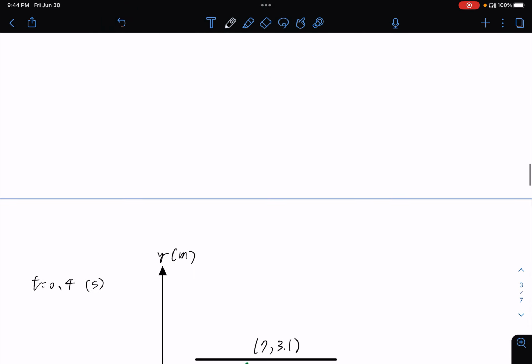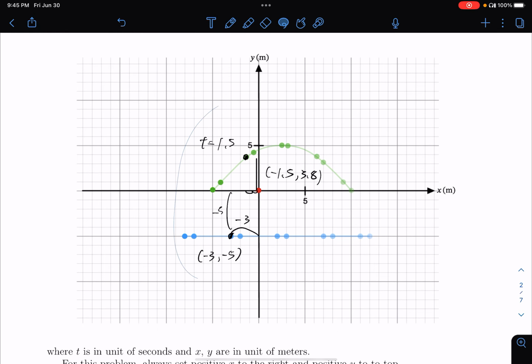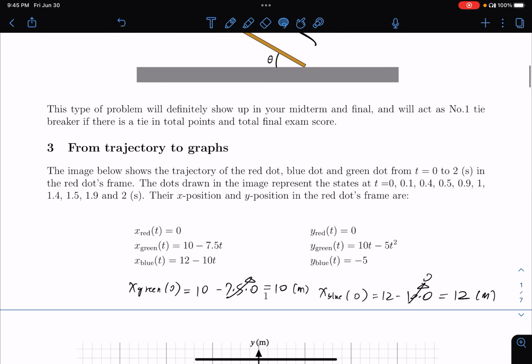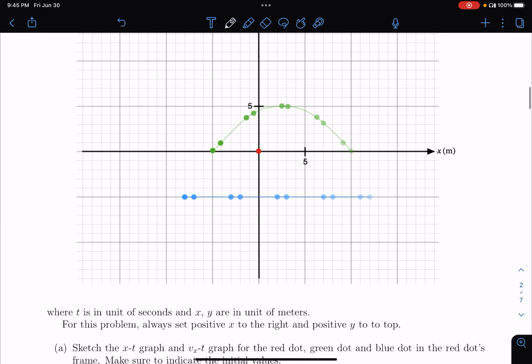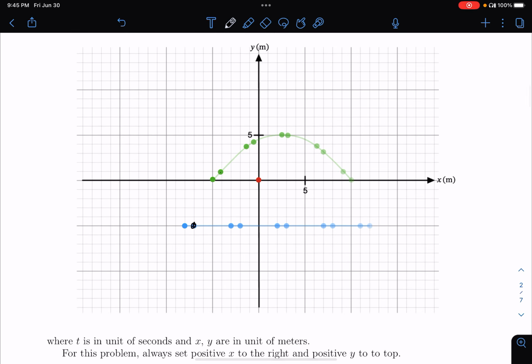Alright, next we have t equals 1.9. So t equals 1.9 is here and here. The blue dot is at -7 and -5, and the green dot is -4 and a little bit, so let's go with -4.1, and almost 1, let's call it 0.9.